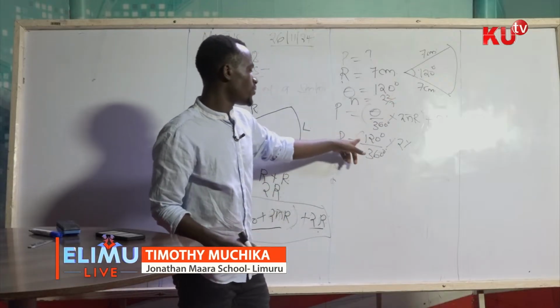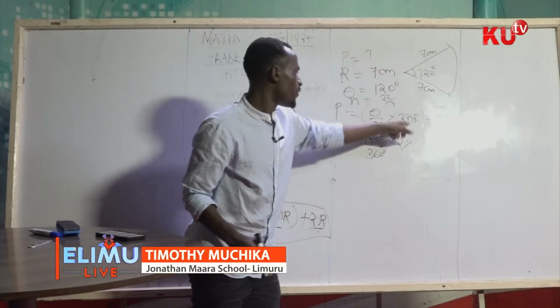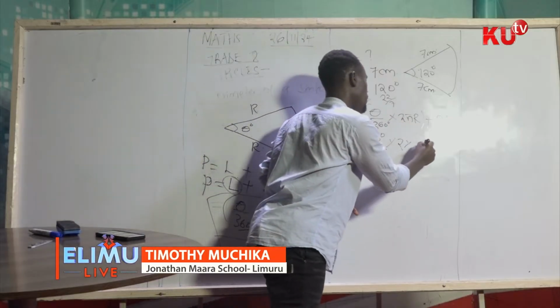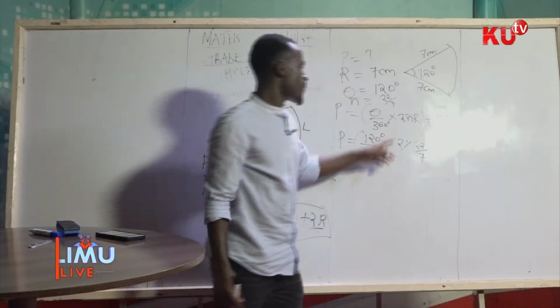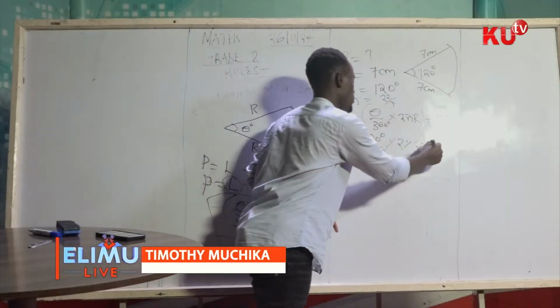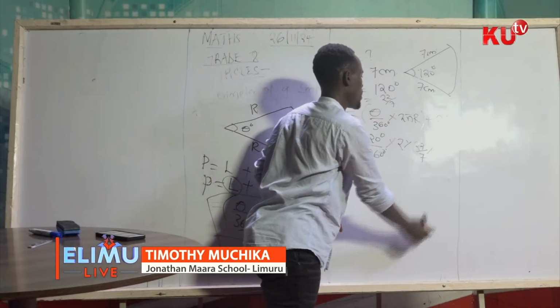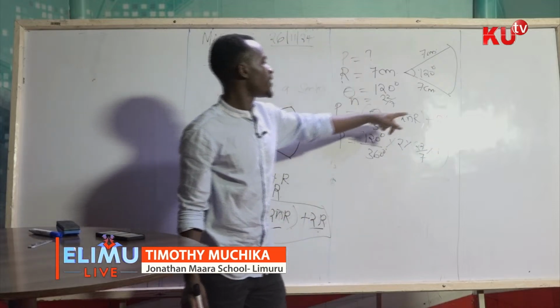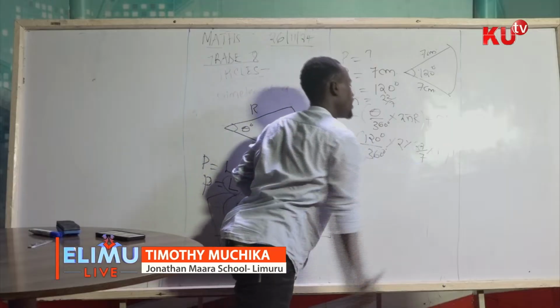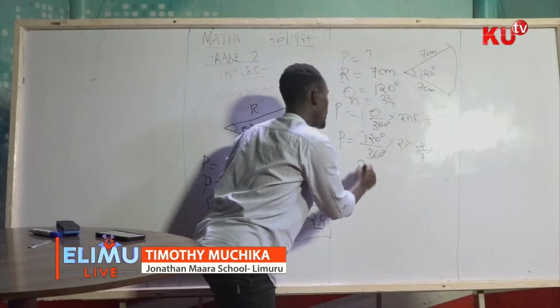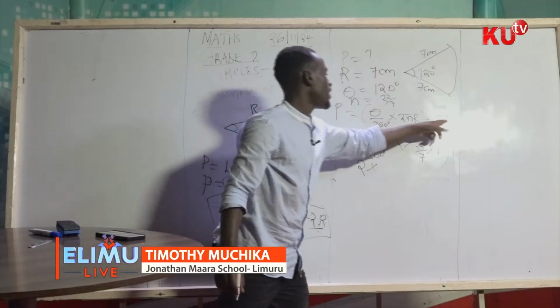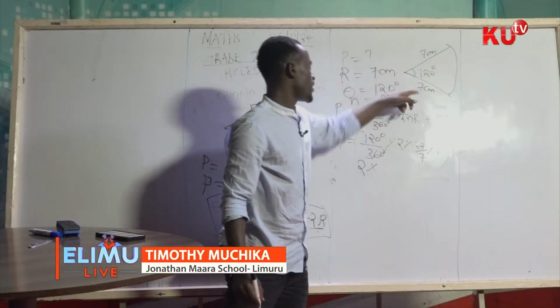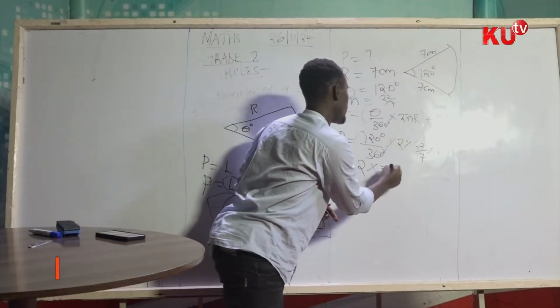So 120 over 360 times 2, and the value of pi is 22/7, and the radius is 7. We have just substituted, and then plus 2r, where the value of r is 7 centimeters.